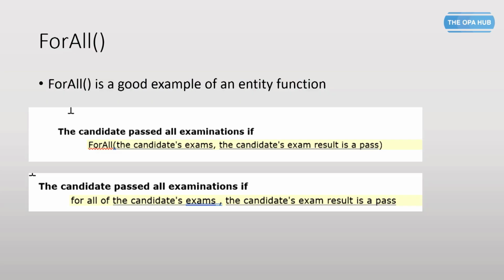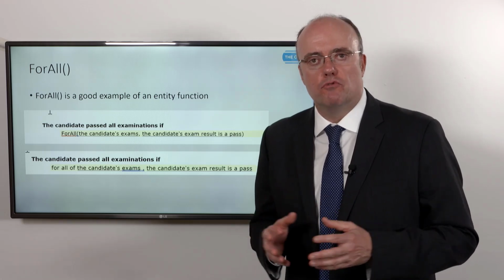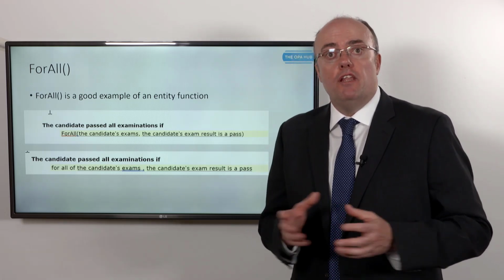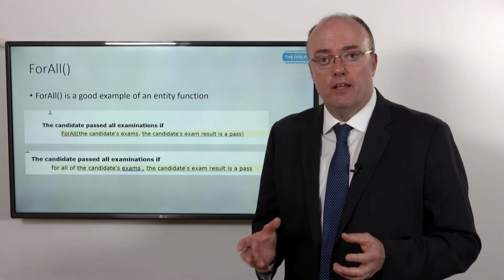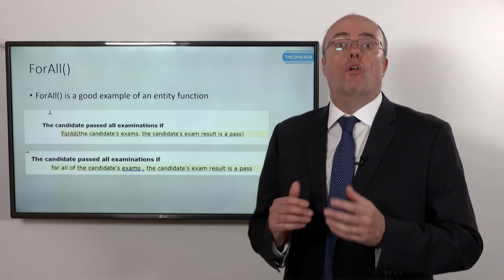The first function we're going to look at is called for all. It's a common requirement. Let's say that each pilot takes a number of exams in order to prove that they have met a certain set of standards. Well, you might have a business rule that says, we'll only take a pilot on board if they've passed all of their exams.